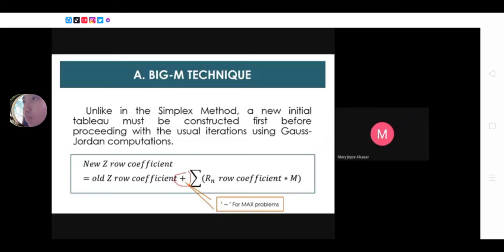But if you are solving a max problem using the Big M technique, you will replace this plus sign with a minus sign. So the minus sign is for max problems.